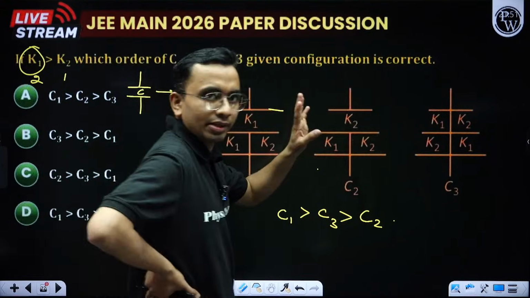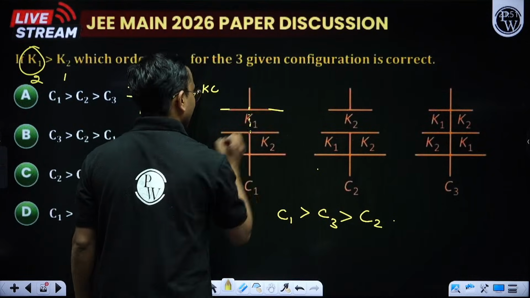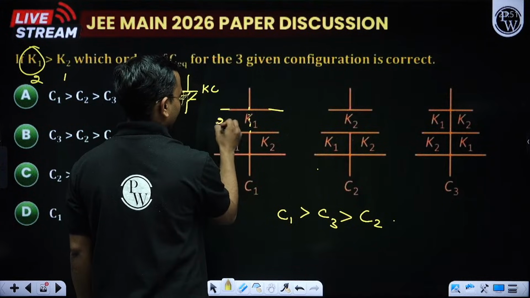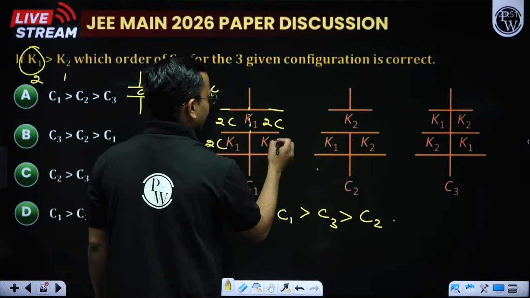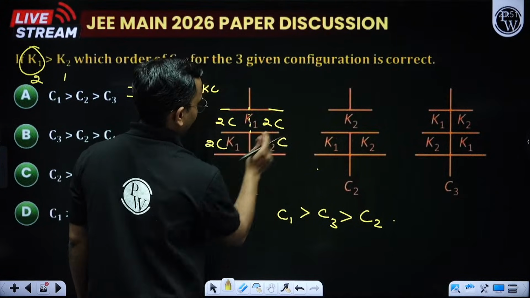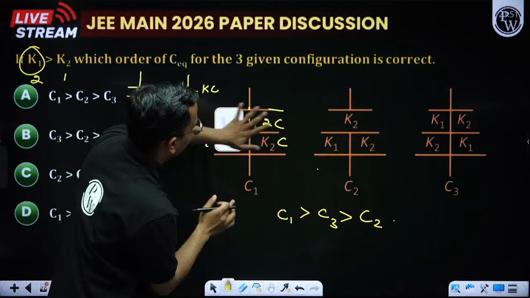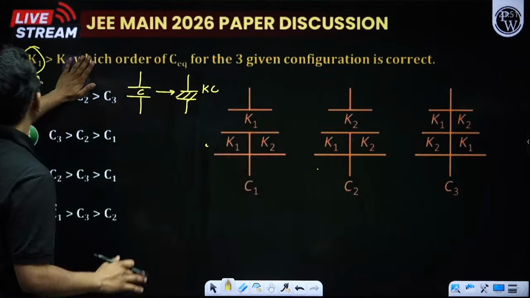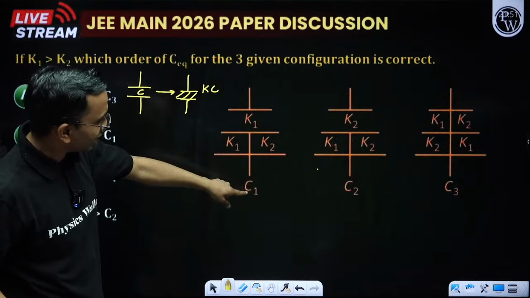Now C1 and C3 I need to confirm. Let us take this as 2 times C, this as 2 times C, this as 2 times C, and this as C. Here no confusion is there, we need not put the value. This is also K1, so certainly K1 is in the larger space in C1.